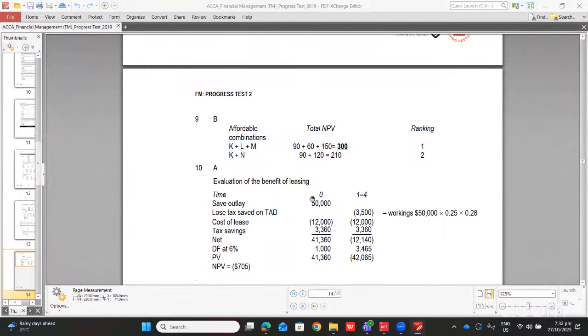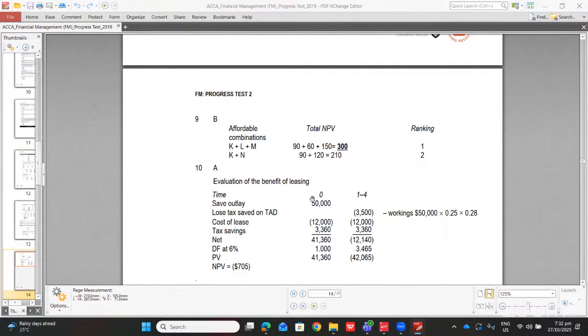Remember, when it comes to leasing, what are the relevant cash flows? The relevant cash flows for leasing will be the lease cost and the tax savings on the lease cost. That usually would be the relevant cash flow for leasing. And for purchase, the relevant cash flows would be basically the purchase costs, the tax savings on capital allowances, and the scrap value, right?